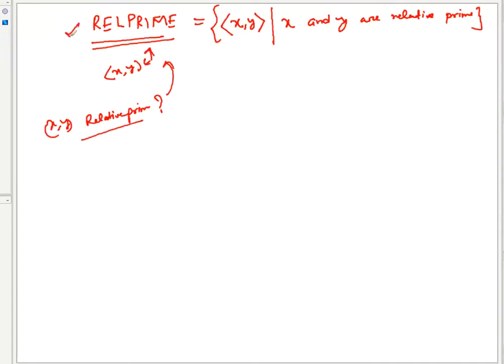Now again, if you try to do it in a brute force way, what would it be? For X, you try finding all possible factors that can exist, prime factors, and for Y also you check all possible prime factors. Correct? Now, how much time will it take?